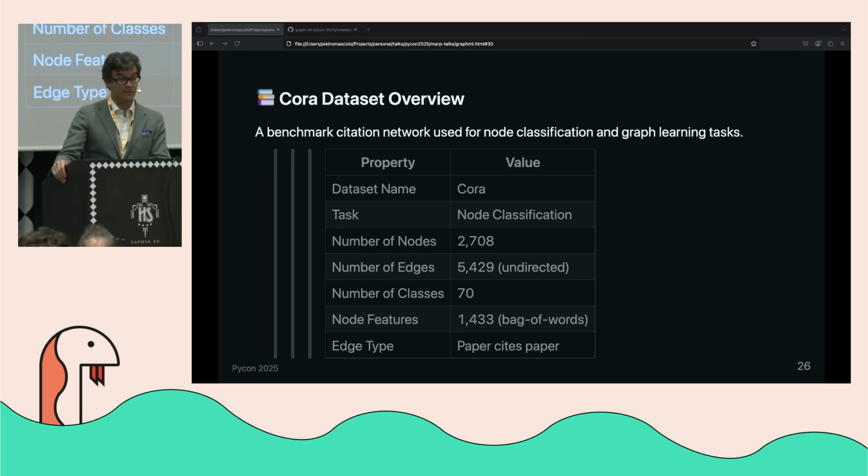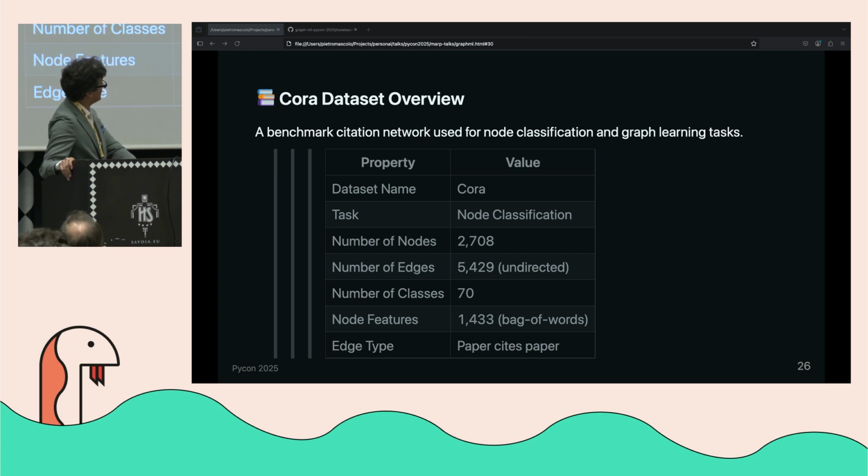The number of connections is about 5,400. And all of these papers are part of one of 7 categories, depending on the type of publication. The task is trying to predict what category each paper belongs to. And each node, so each paper, also contains a bag of words set of features, about 1,400 features.